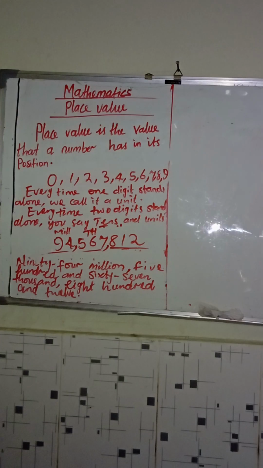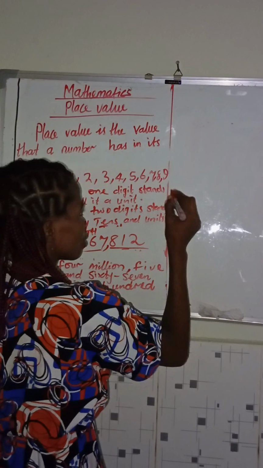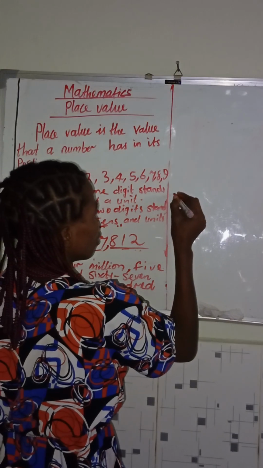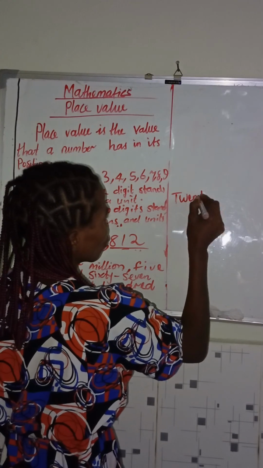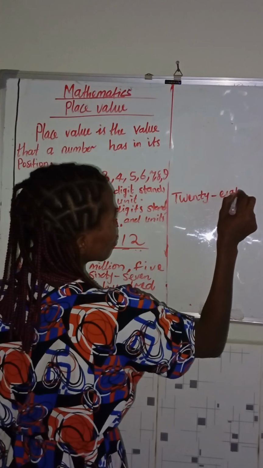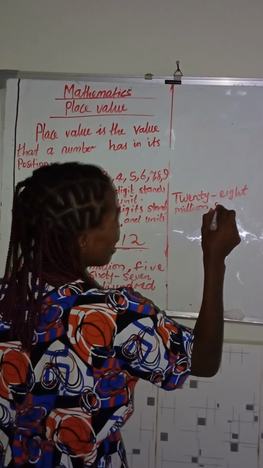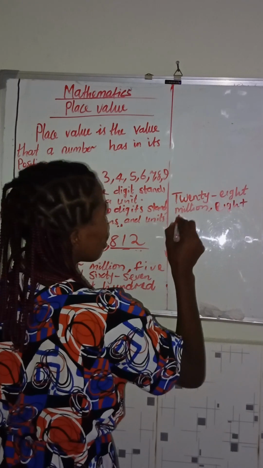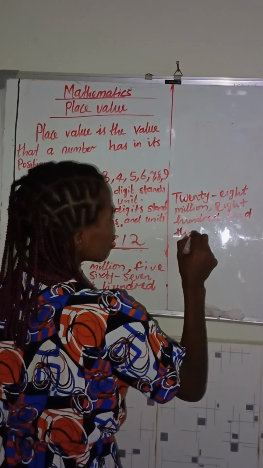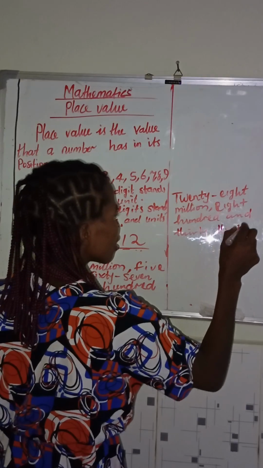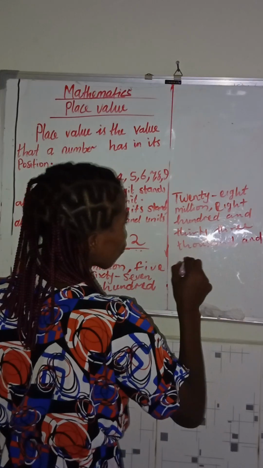Okay. So let's look at two examples before we go. 28 million, 833,001.